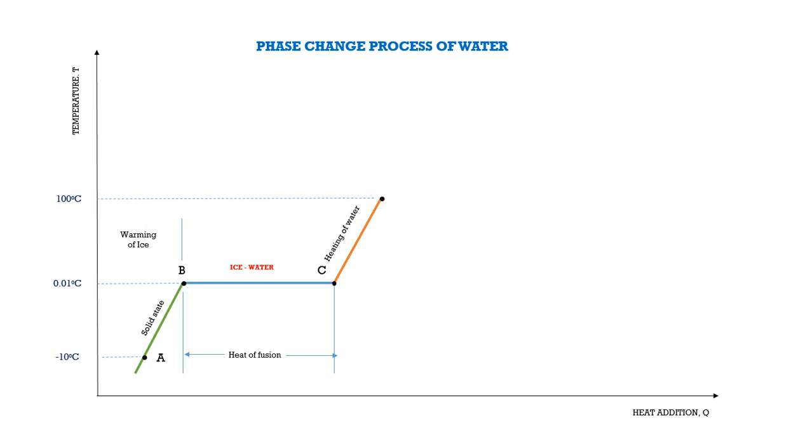So the temperature of the water can be increased from 0 degrees Celsius to 100 degrees Celsius. Whenever it reaches 100 degrees Celsius, at point D, it can start to change from liquid phase into vapor phase.